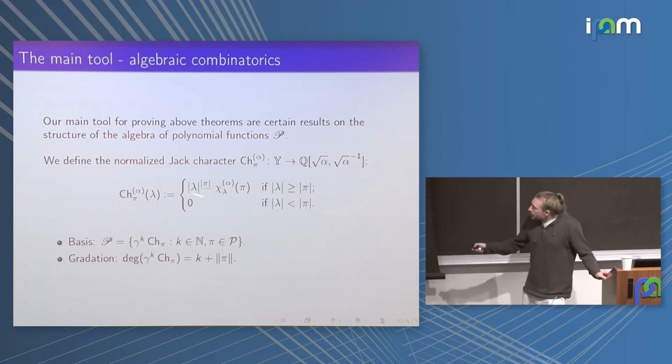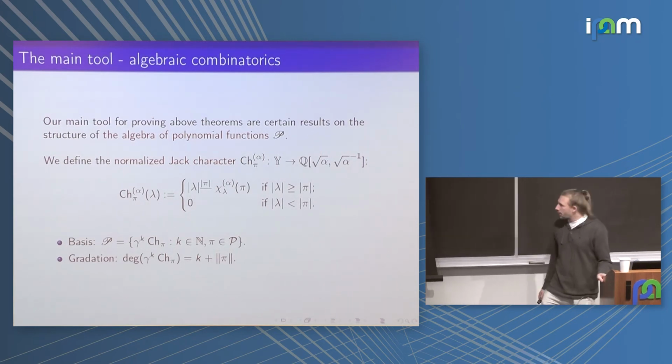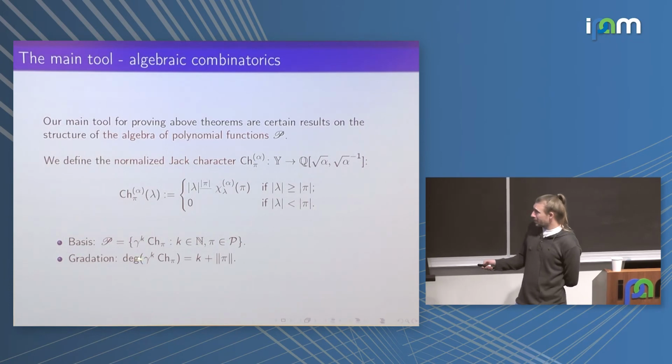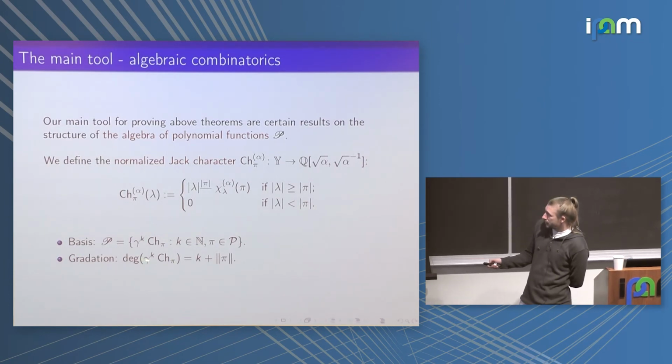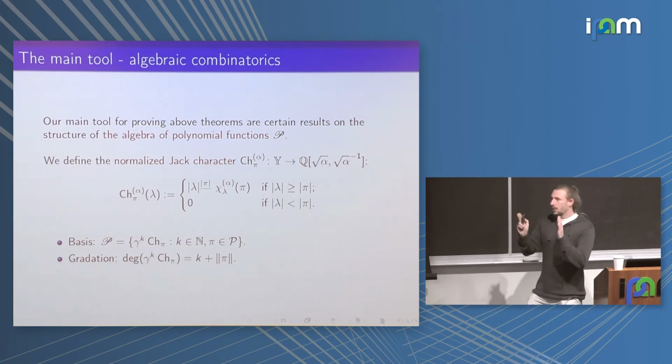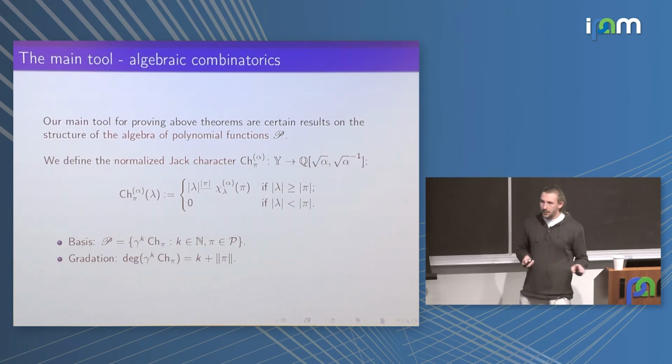And then it is also important to put in this normalization factor so that it has a nice algebra structure. So this algebra has a gradation, and the gradation of the basis, so the basis is gamma to k times the normalized Jack character, is given by k plus the norm of pi. So the norm of pi is the size of pi minus the length of pi.